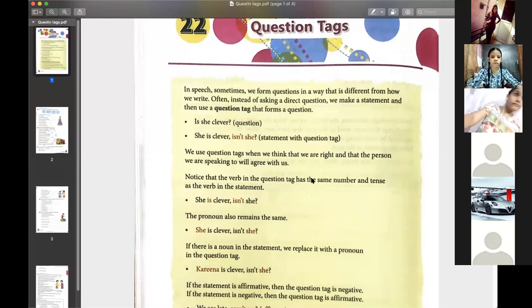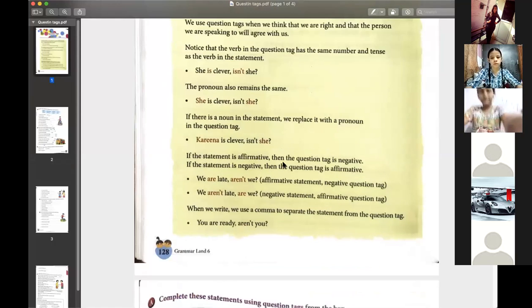The pronoun also remains the same. If there is a noun in the statement, we replace it with the pronoun in the question tag. If the statement is affirmative, the question tag is negative. If the statement is negative, the question tag is affirmative. And when we write, we use a comma to separate the statement from the question tag.